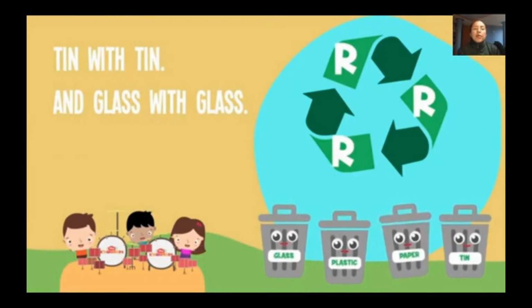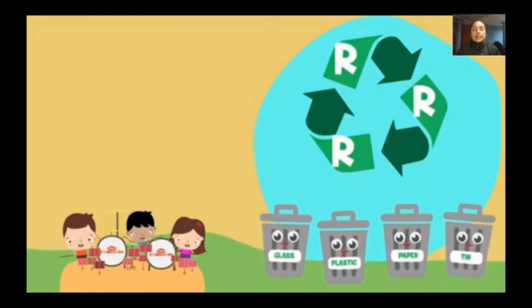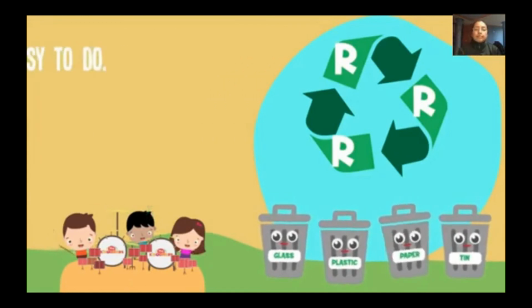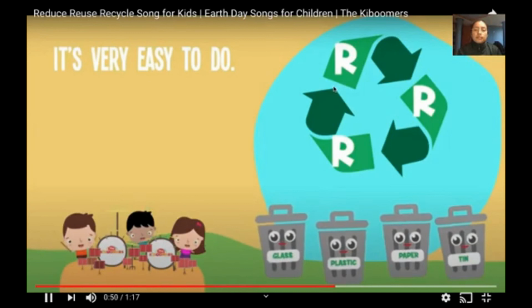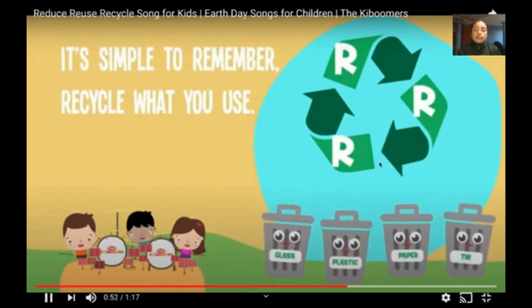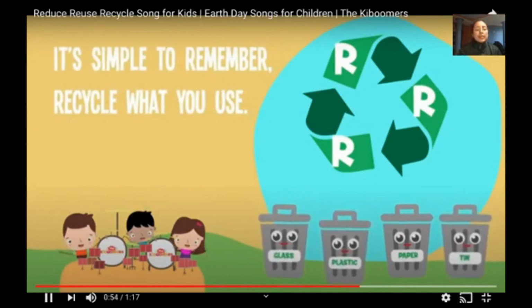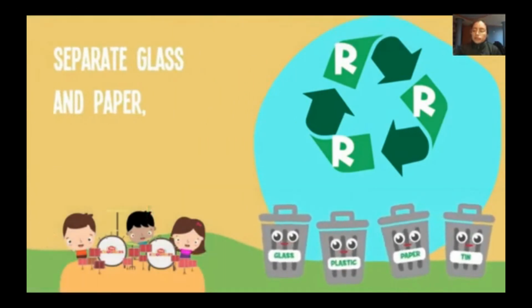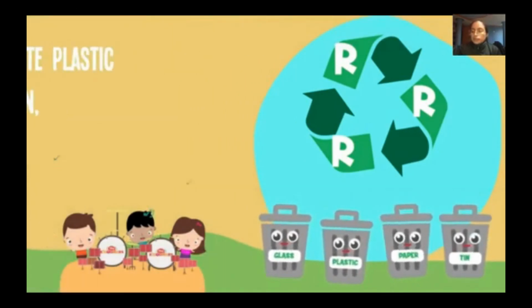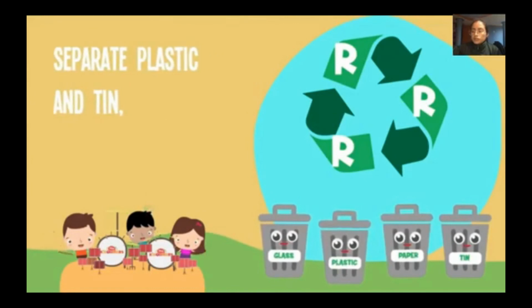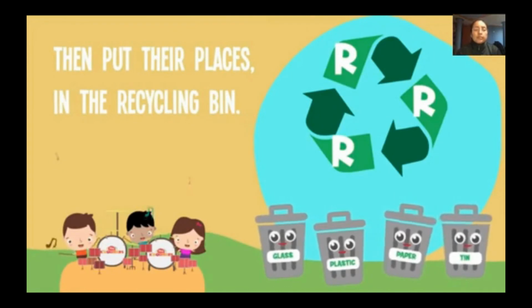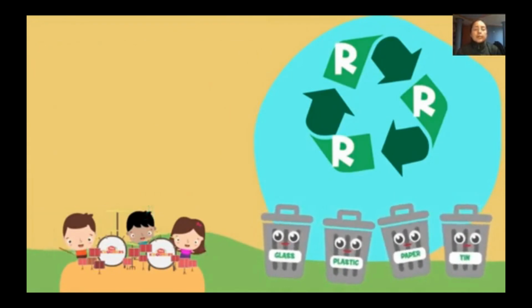Tin with tin. And glass with glass. Reduce, reuse, recycle.